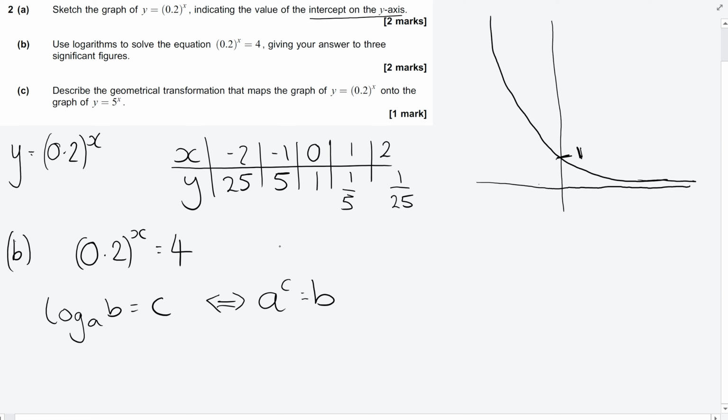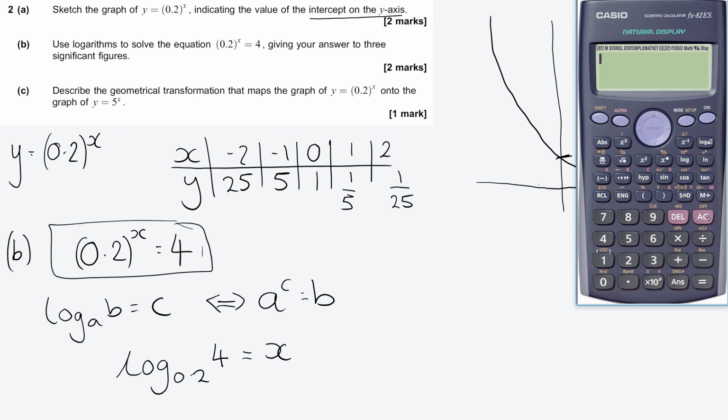So if you remember that definition of a logarithm, we can rewrite our equation in logarithmic form. So it's going to be the a is the base, so it's log base 0.2 of 4, which in this case is 4, equals our unknown x.